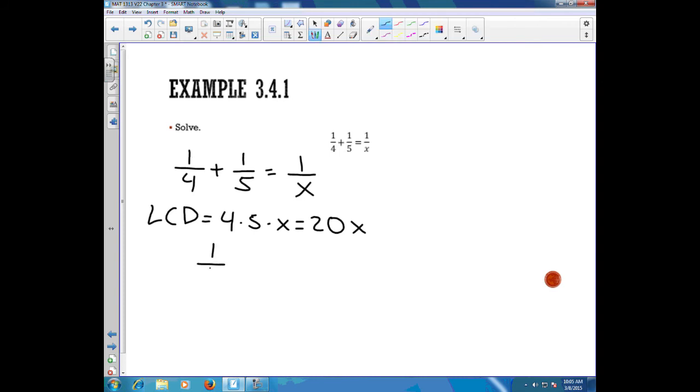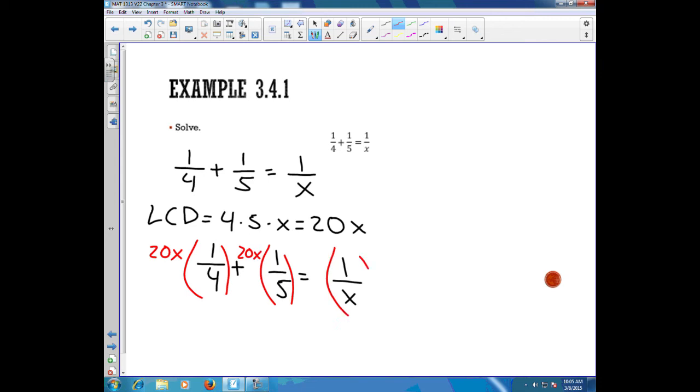And so what we have is 1 over 4 plus 1 over 5 equals 1 over x, and we want to multiply each term by 20x. So notice here, 20x times 1 divided by 4, we essentially get 20 divided by 4, which leaves 5 times x.